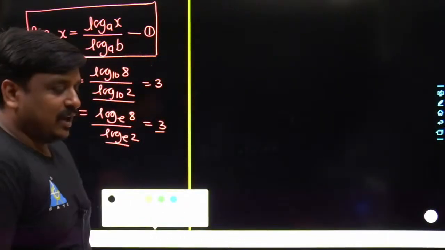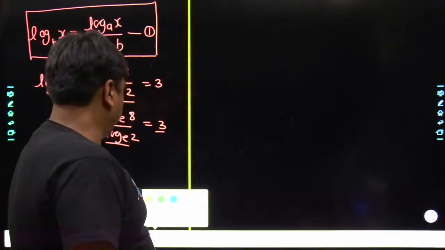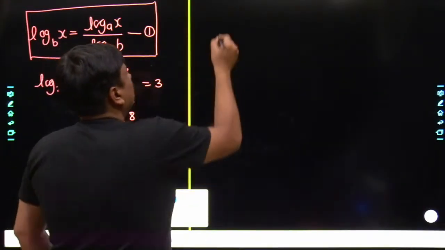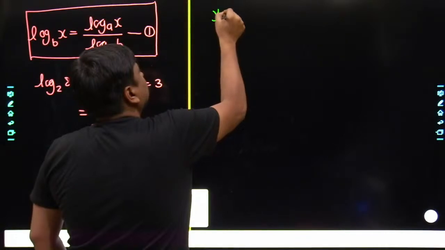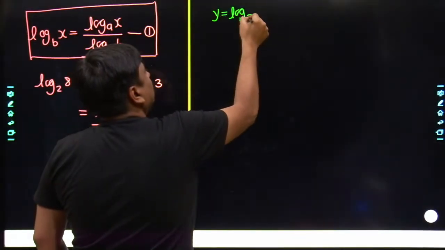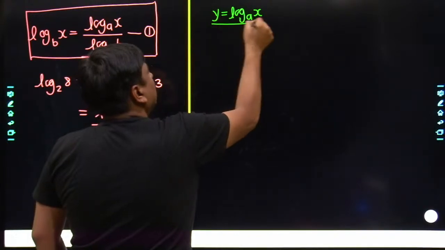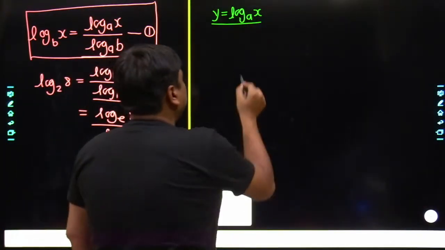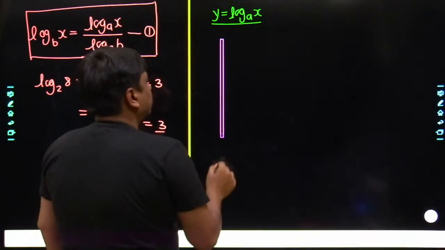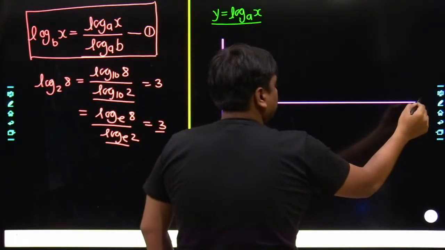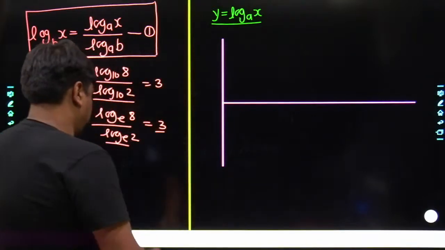See what I am going to do over here. Let's take a logarithmic function y equals log base a of x. How would it look in the xy plane? For that, at the very beginning, let me draw an xy plane where the vertical axis is the axis of y and the horizontal axis is the axis of x.